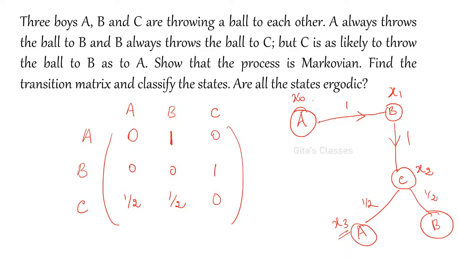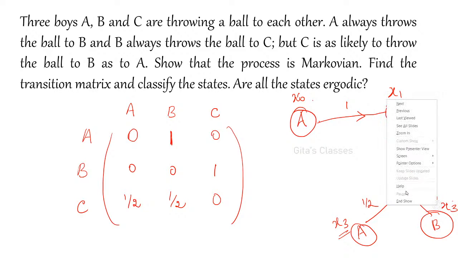Because from C, x3 can be either this one or this one. If you consider this state, it depends only on C, just the preceding state. It is depending only on the preceding state.